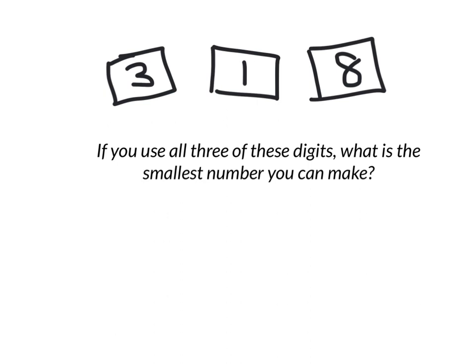Take a look at the three numbers and make the smallest number possible with these three numbers. By now you should have an answer. The answer you should have written down was 138. That is the smallest number that you can make with a 3, 1, and 8.